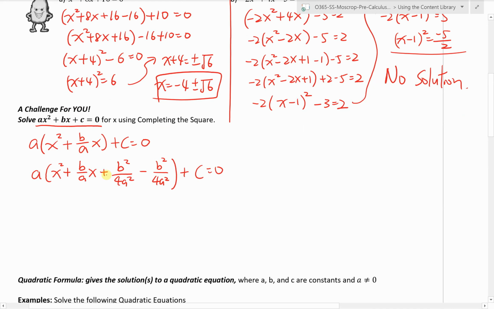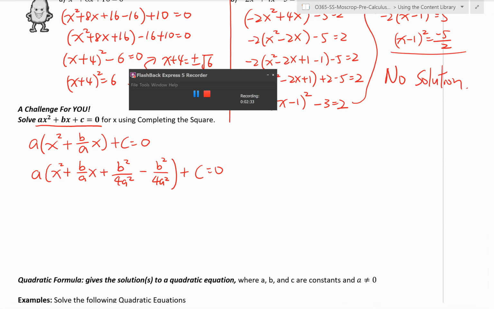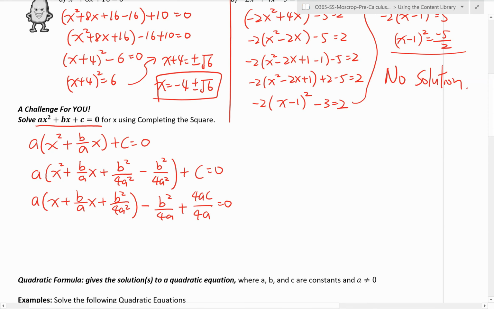Then I add b over 2a squared, which is b squared over 4a squared, and then minus b squared over 4a squared. The next step is I took this negative b squared over 4a squared outside of the bracket by multiplying by the leading coefficient a. So I end up with negative b squared over 4a over here. Now, because I'm adding fractions, I'm changing c to 4ac over 4a.